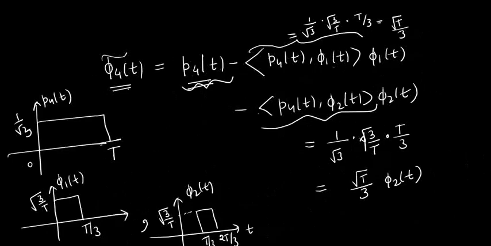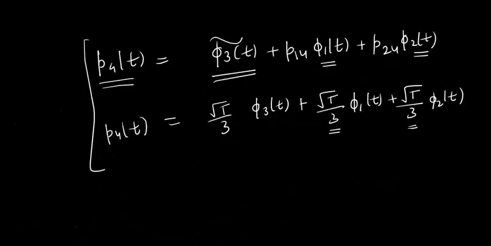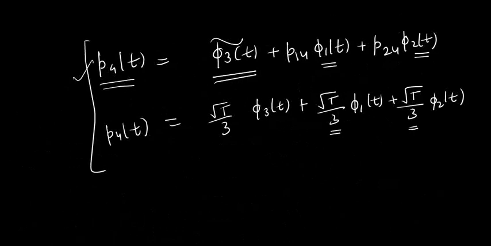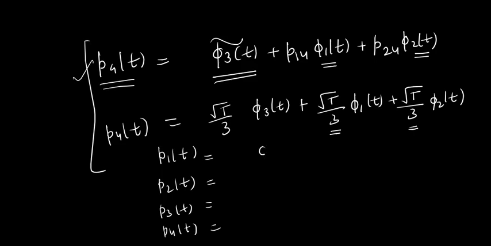This thing, how I am again writing this. Once you have the waveform and the orthonormal basis, you should be able to write p1(t), p2(t), p3(t), p4(t). So what happens ultimately? What is your p1(t), p2(t), p3(t) and what is your p4(t)? First of all, how many bases? 3 bases.